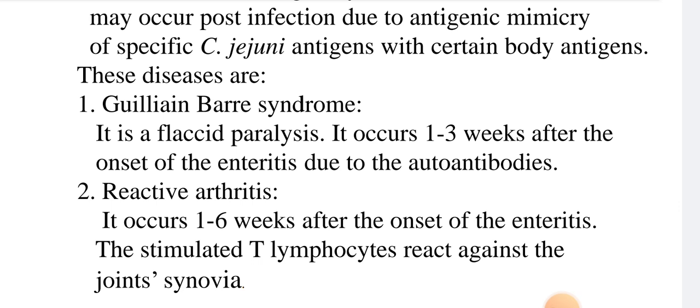It is a flaccid paralysis. It occurs 1 to 3 weeks after the onset of enteritis due to the autoantibodies. 2. Reactive arthritis. It occurs 1 to 6 weeks after the onset of the enteritis. The T lymphocytes, stimulated by the bacteria, react against the joint synovia.